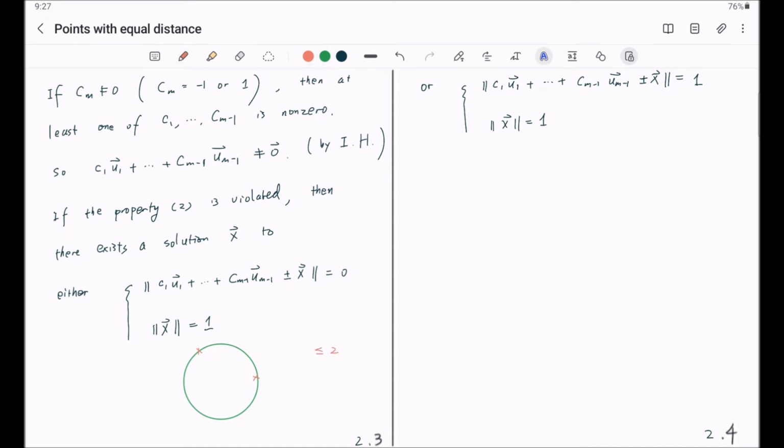And what about this system? The solutions to this system must lie in the points where 2 unit circles meet. So x must lie in here or here. Plus and minus cases will give us 2 times 2 equal to 4 cases at most.